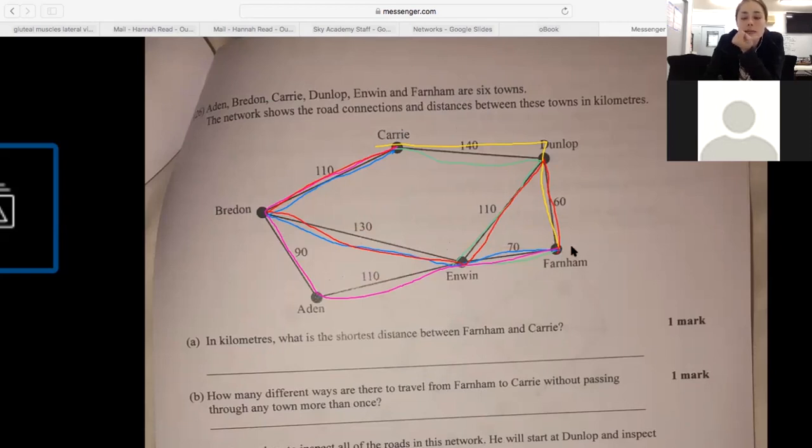Did you do the one I did in red? Go up to Dunlop, down to Enwyn, up to Bredon, up to Carrie? Yeah, I did the one you did in red. Oh, I didn't do the one you did in green. Okay. And then there might be another one. Dunlop, down to Enwyn, across to Arden, up to Bredon, up to Carrie. Okay, at the moment I'm up to 6, and I don't think there's any more.